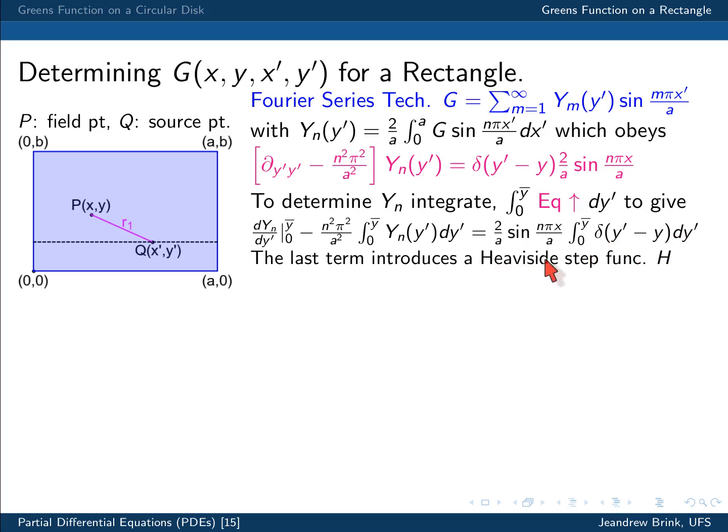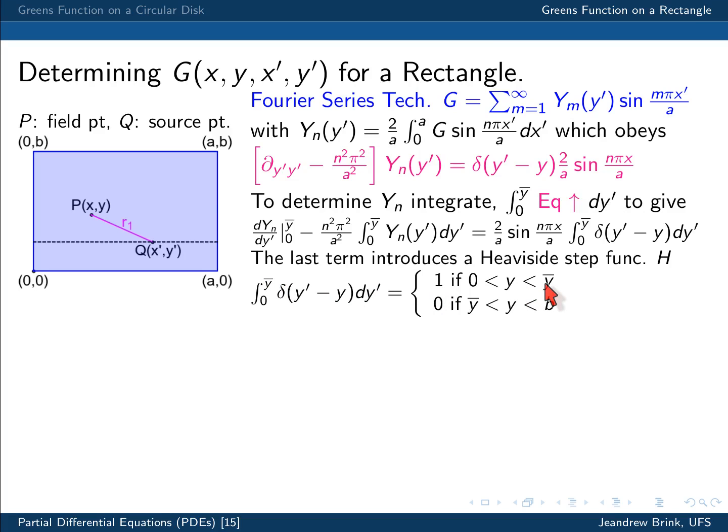This is actually the surname of a guy who used it the first time, and it's spelled that way. So just to recap, this integral from 0 to y bar of delta of y prime minus y dy prime is equal to 1, provided y is less than y bar.